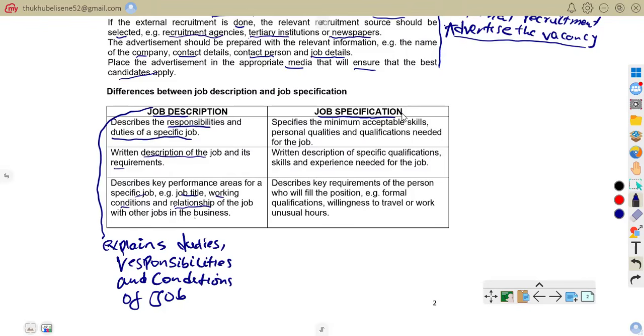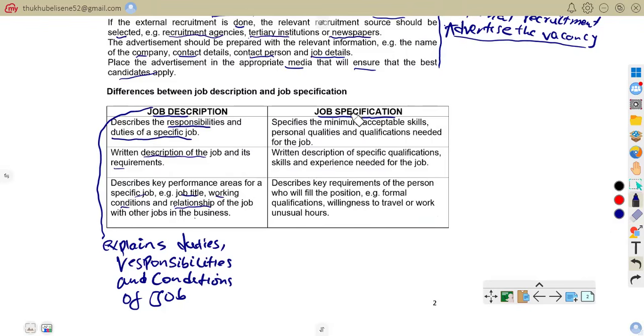But when you're talking about job specification, we are talking about skills, qualifications, and personal traits required.